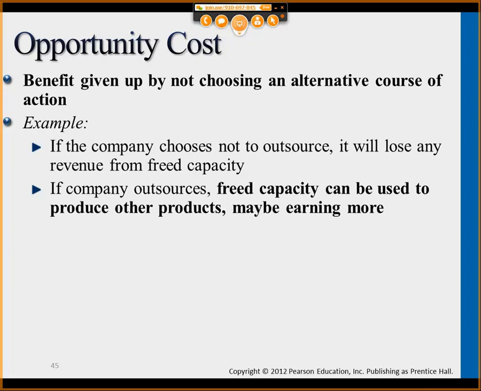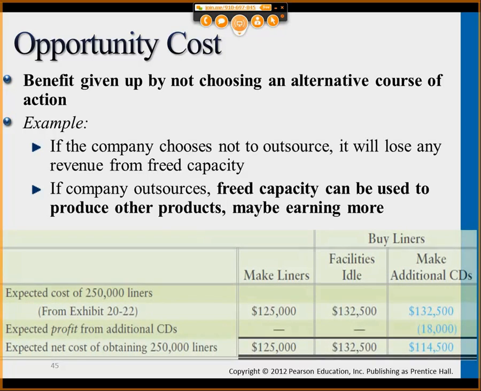The definition of opportunity cost is a benefit given up by not choosing an alternative course of action. Let me give you an example here. If the company decides not to outsource, it will lose some revenue from the freed capacity.